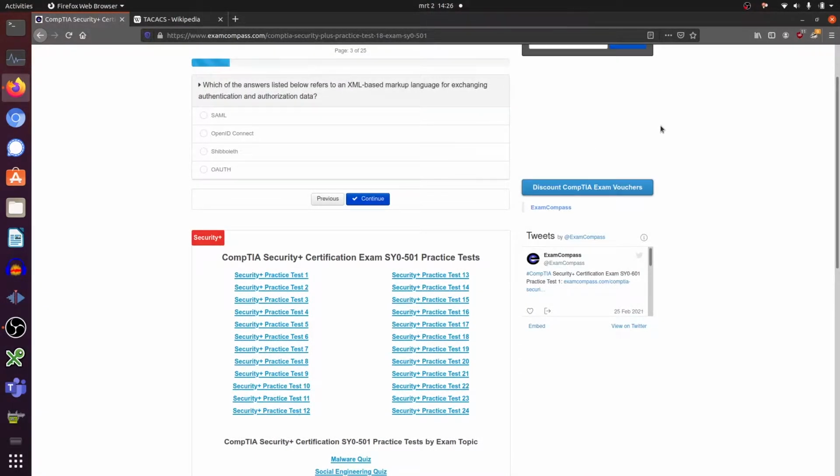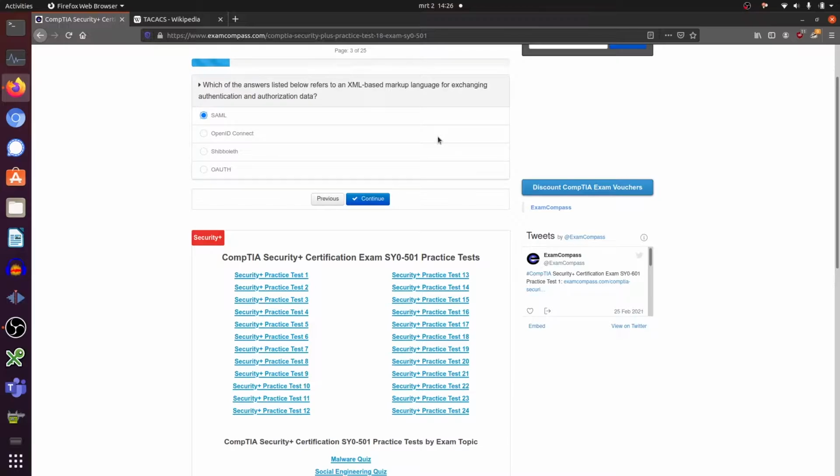Which of the answers listed below refers to an XML-based markup language for exchanging authentication and authorization data? That's SAML. So exchanging authentication and authorization. First you authenticate yourself. Who are you?